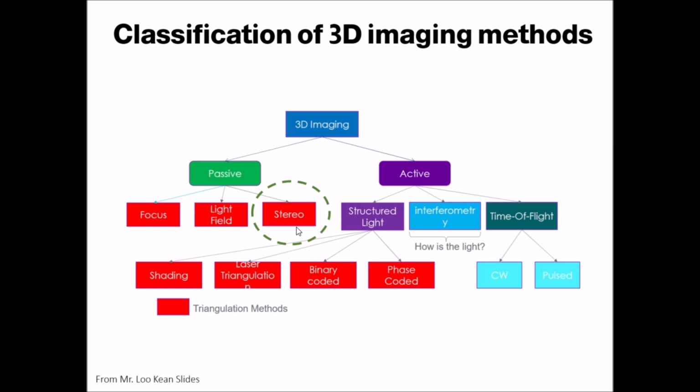Our stereo system, our topic, will be under the passive method of 3D imaging. This slide I took from the slides of Mr. Lu Qian, who gave the 3D vision lecture last week from the industry.